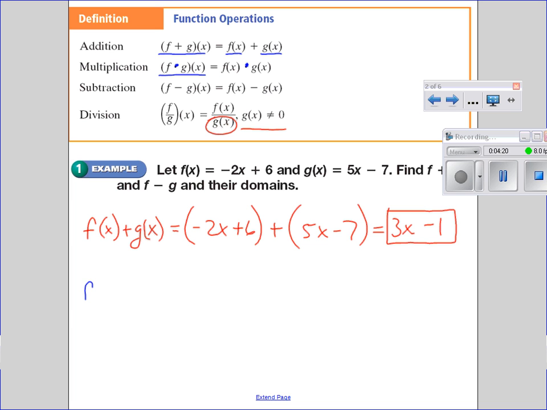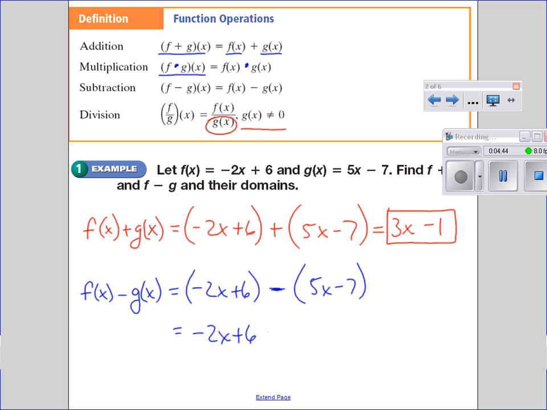So now let's do subtraction. Still pretty easy for you. So we've got minus 2x plus 6. Be careful though, minus quantity 5x minus 7. Now some of you, it's going to pay off for you to write this next step here, because this minus is like a -1 being distributed through here. And this is minus 5x and plus 7.